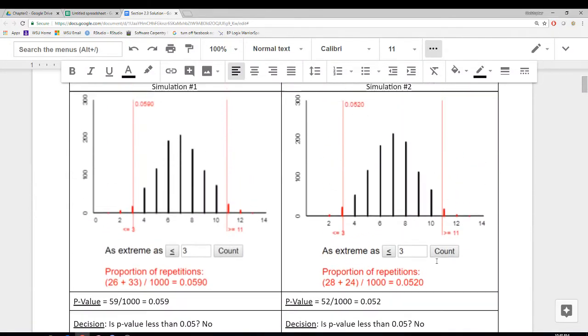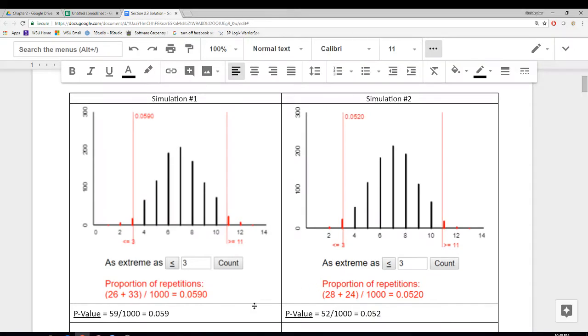However, I want you to notice that these p-value quantities are pretty close to that 0.05 threshold. Even though the reference distribution should provide p-values that are pretty similar, in this case 0.059 is indeed pretty similar to 0.052.